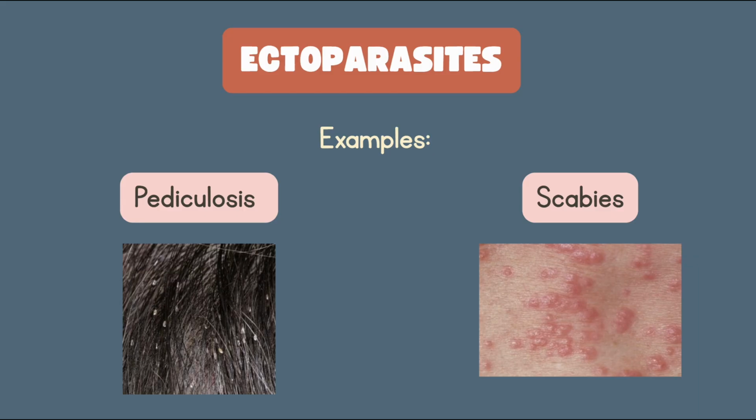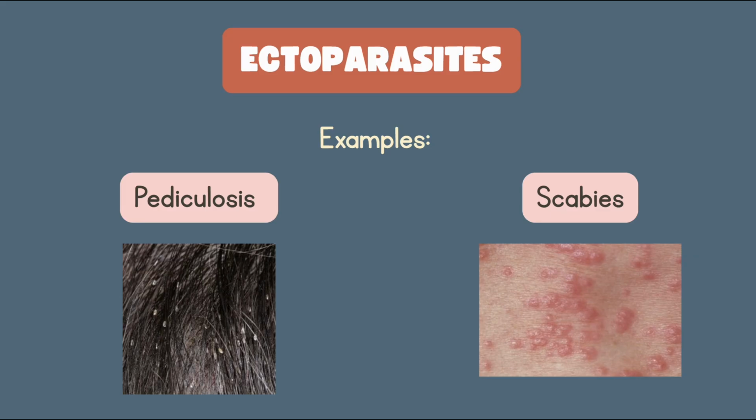Pediculosis is the infestation of the hair by lice, in which the lice attach to the hair shaft and the scalp. The second example is scabies, which is caused by the mite Sarcoptes scabiei, and these mites burrow into the stratum corneum of the skin.